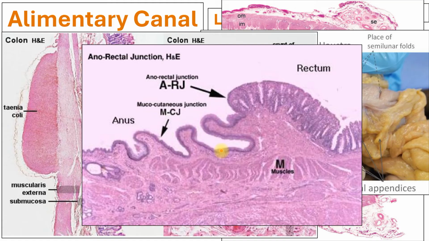Okay, so the anus needs a lining epithelium that is not for absorption nor digestion. It just needs an epithelium that is more robust and sturdy against the passage of feces and more sturdy against external or mechanical abrasions.